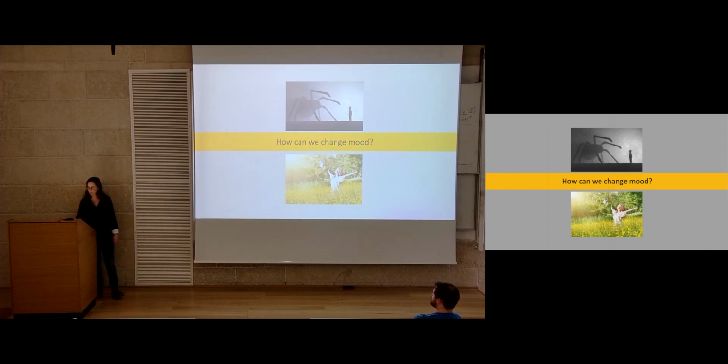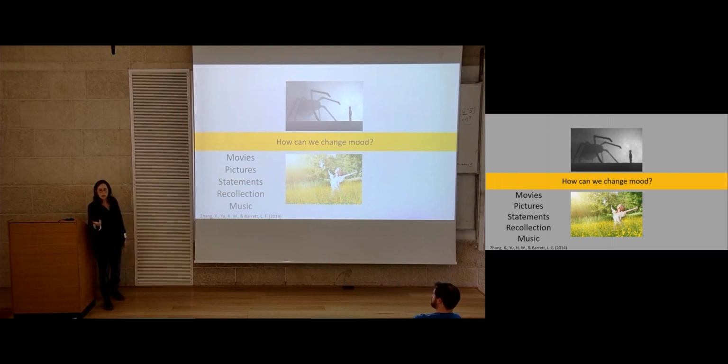And these usually are induced with several quite popular methods. We can show a short movie, video clips that are identified as being positive or negative. This is usually validated properly with many subjects. And there are picture statements, recollections.